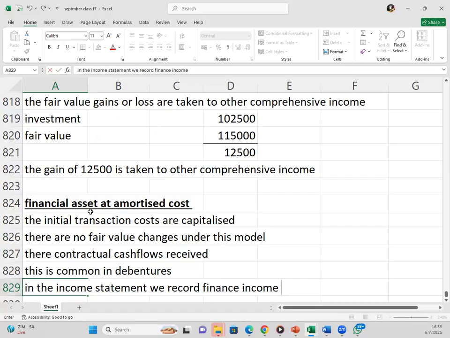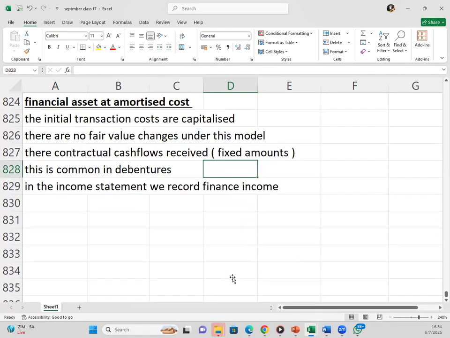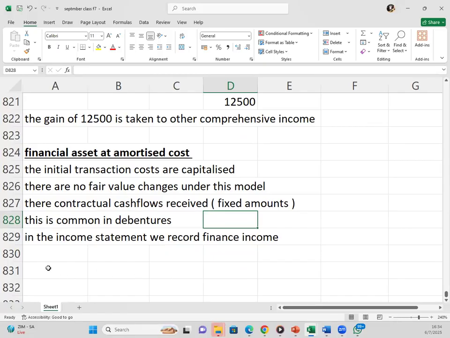So what can show that these are contractual cash flows? Normally, they are of fixed amounts. So if we are going to be receiving contractual cash flows, which are normally fixed amounts, then the model to use is the financial asset at amortized cost. It's us receiving the cash, but in fixed installments.